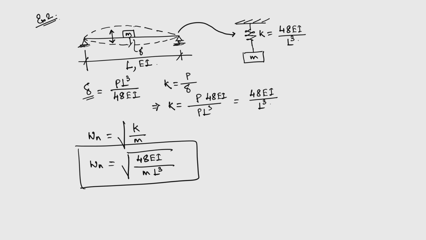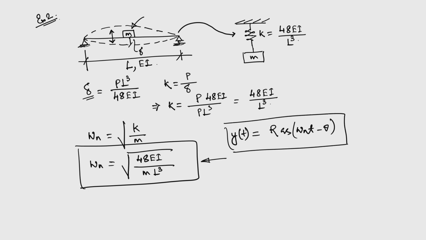The moment we apply this mass at the midpoint of the beam, it will start vibrating with this frequency. And the response is y of t in the vertical direction. So, y of t will be equal to R cos omega n t minus theta. So, that is the complementary function.